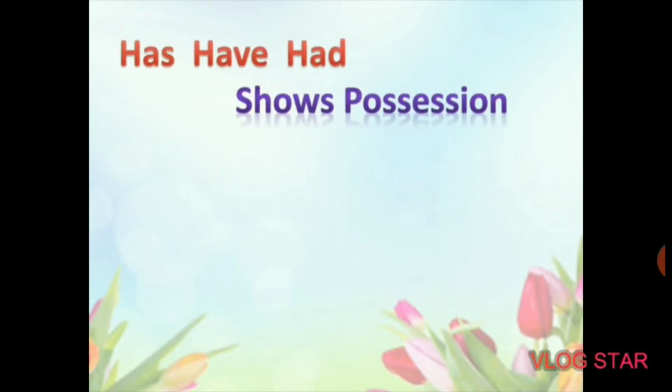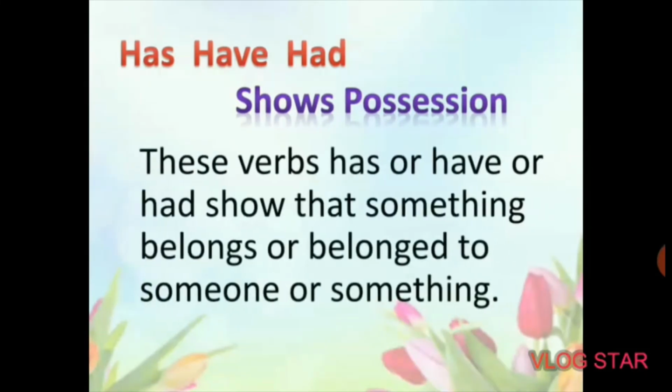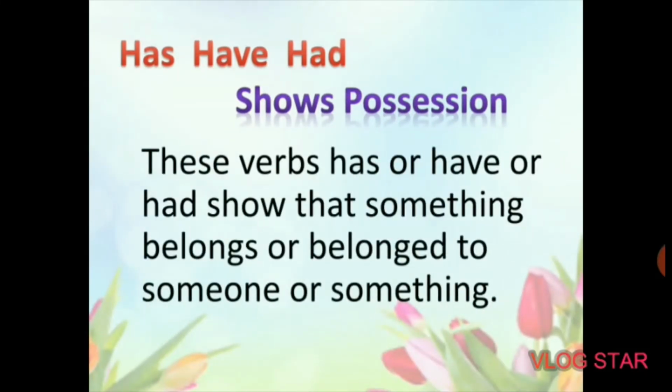Now let's study about the verbs that show possession. The verbs that show possessions are has, have and had. These verbs has or have or had show that things belong or belonged to someone or something.